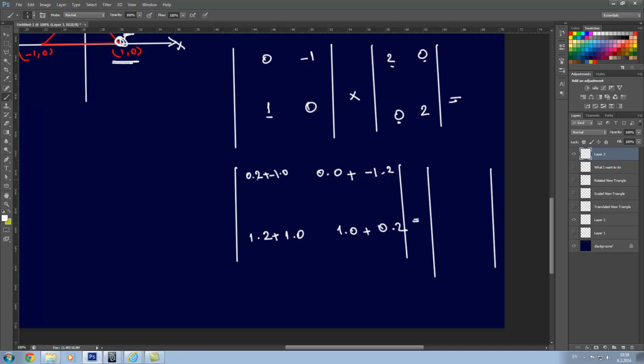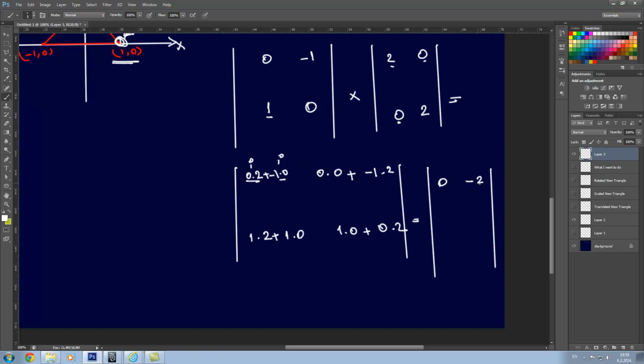So 0 times 2 here goes to 0, and minus 1 times 0 is 0 anyway. So our first term is going to be 0. 0 times 0 is 0, and minus 1 times 2 is minus 2.